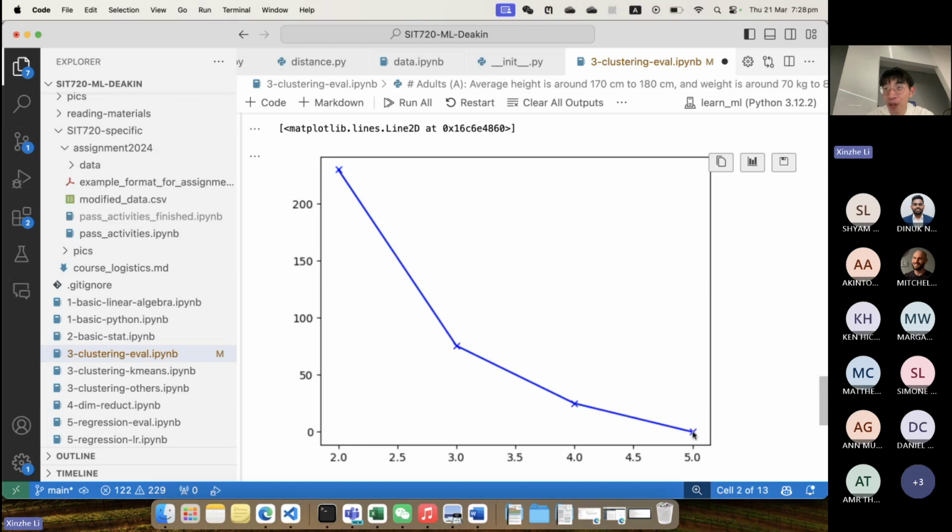Once you calculate the distance between the centroid and the example in this cluster, it's 0. So smaller. Once K becomes bigger, the distortion score becomes smaller. So you don't want to choose the smallest one because it's nonsense. It won't do anything important.